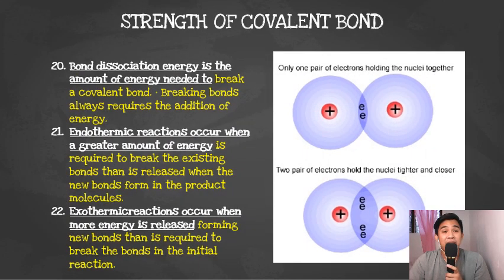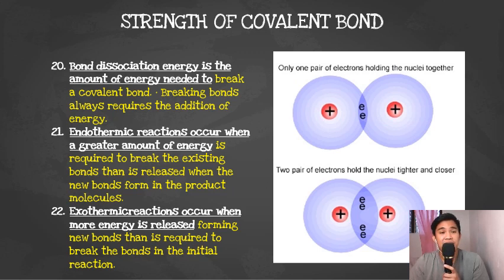The strength of the bond can be explained through the following. First, we have the bond dissociation energy, which is the amount of energy needed to break a covalent bond. So breaking bonds always requires the addition of energy.